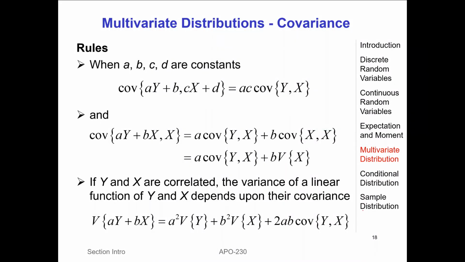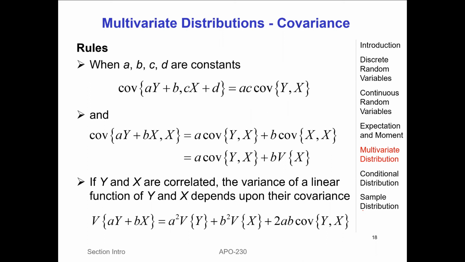As with the case of the variance, with covariance we also have some useful or relevant rules. And some of these we will see when we talk, for example, about the properties of the OLS estimator, other estimators even, and some even have a wider application somewhere else.